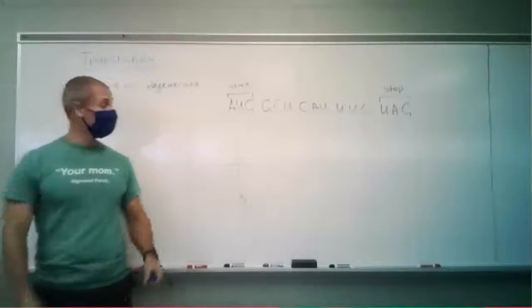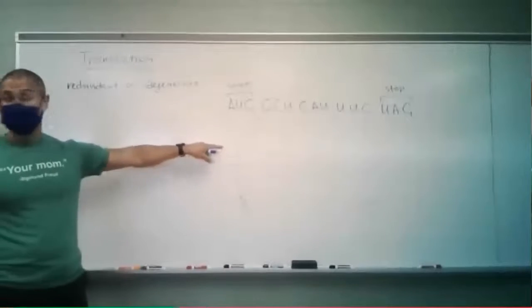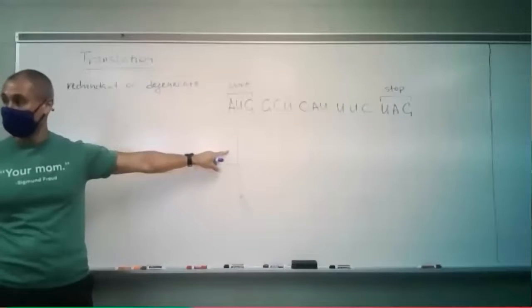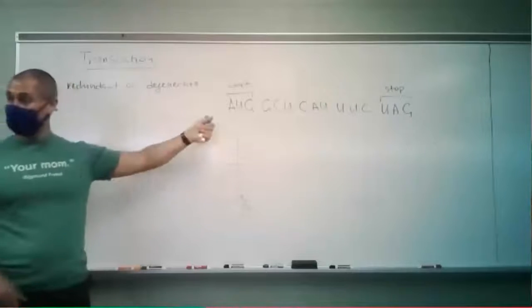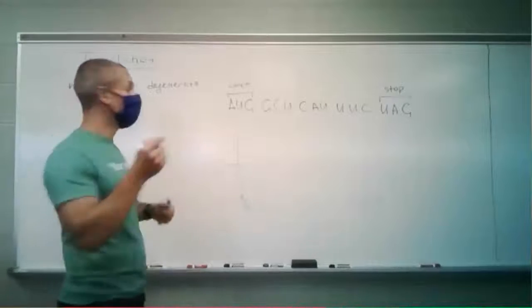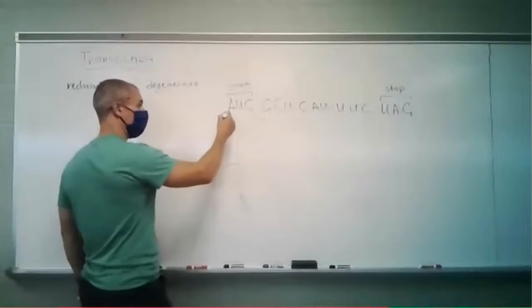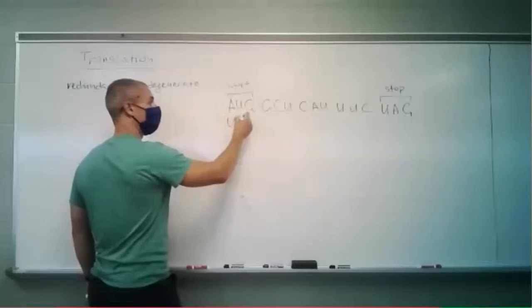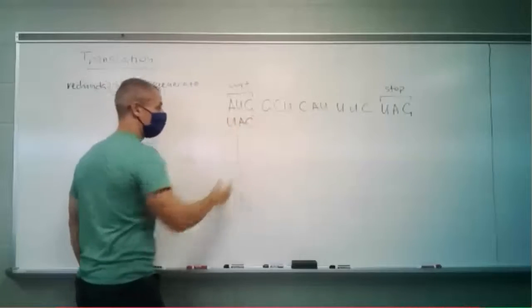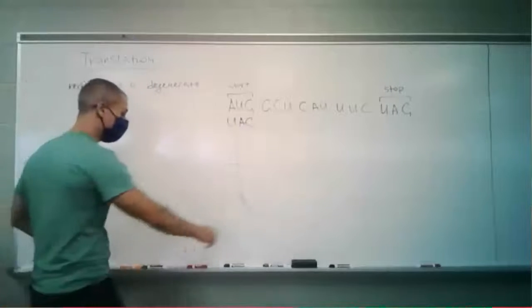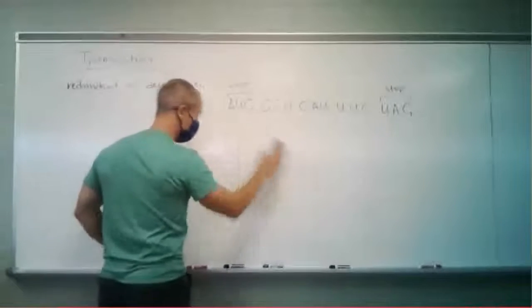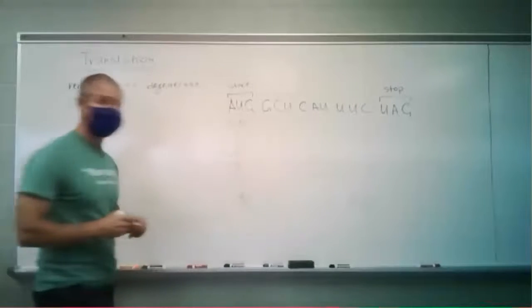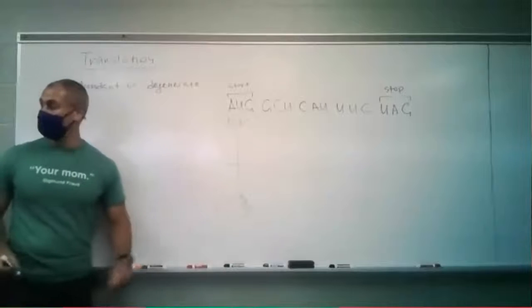So it turns out one of the ends of tRNA has a so-called anticodon, which is complementary to AUG. What will be the three letters complementary to AUG? Yes. Let me put it in green. So you're absolutely right. UAC.